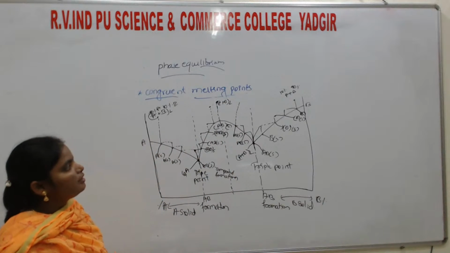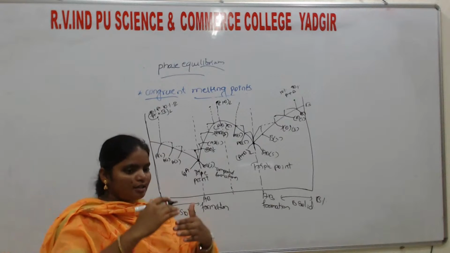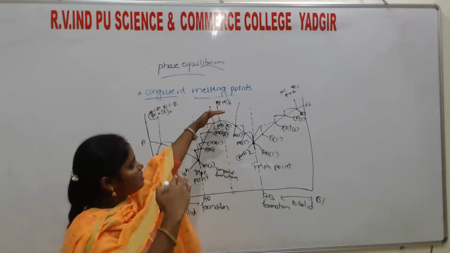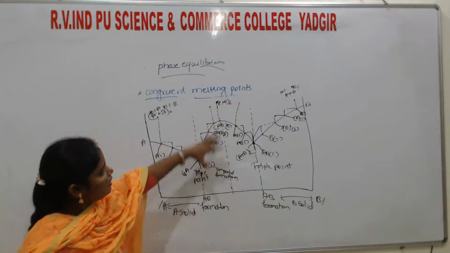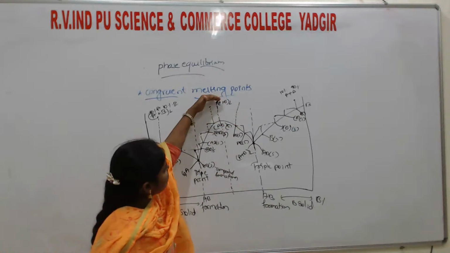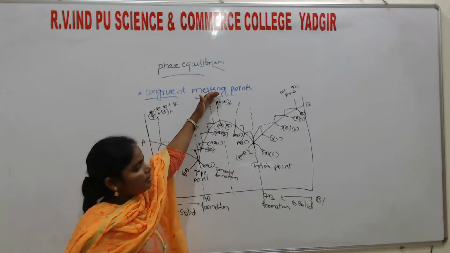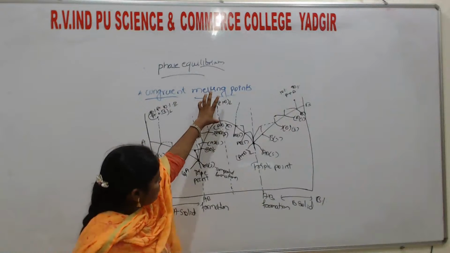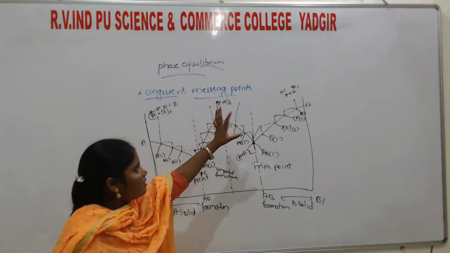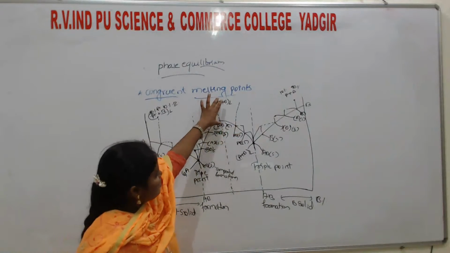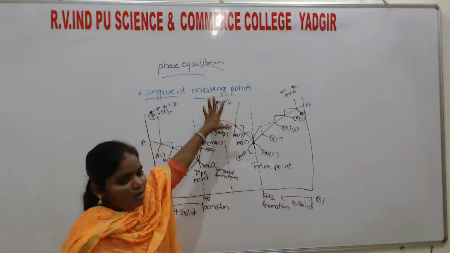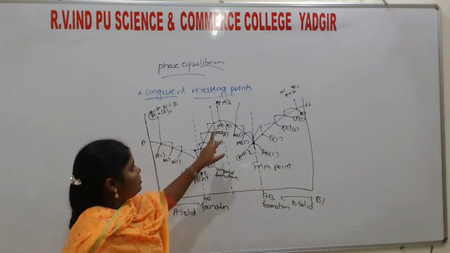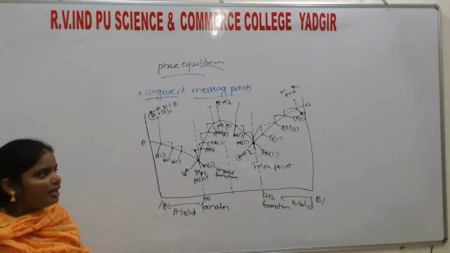If I heat to a higher temperature, this point is liquid, and if I cool by just 1 degree Celsius, on the spot the whole solution converts into a liquid state. That is called a congruent melting point.